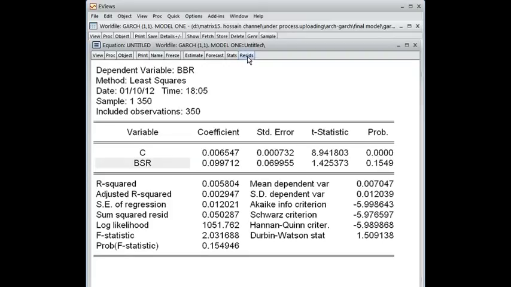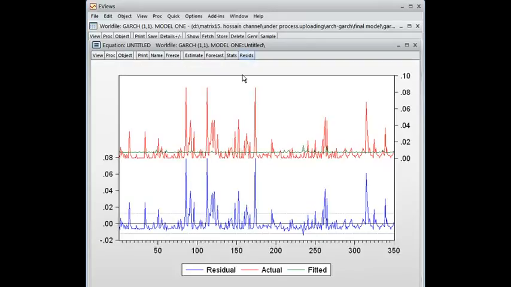You click on it. So it is the residual distribution from day 1 to day 350. You see, from day 1 to day 350, the residuals are fluctuating.